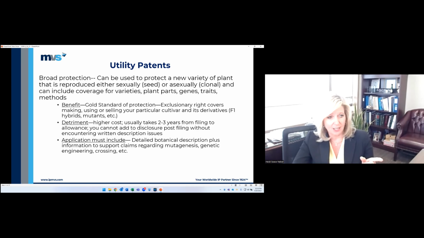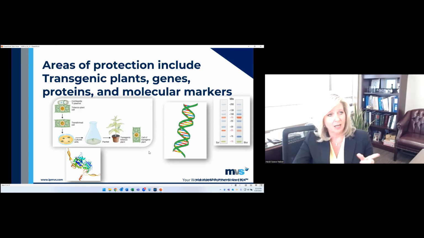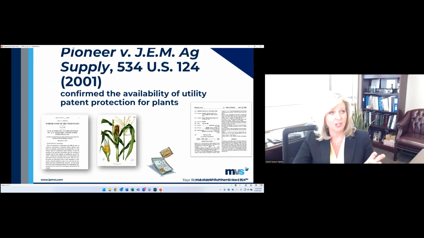And we need a detailed description of the plant as well that we will include. Plant-related inventions can include transgenic plants, genes, proteins, and molecular markers. But right now I'm trying to focus a little bit on just plant varieties that are the result of traditional breeding.